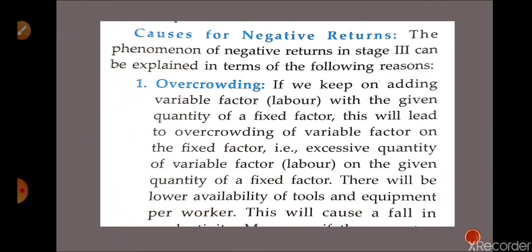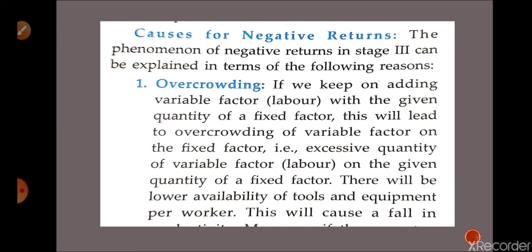The first cause is very clear and very popular, which I have discussed many times in this chapter, that is overcrowding. What is overcrowding? Means more and more laborers we are introducing on the fixed factor. We are not changing the fixed factor, because in the short term we cannot change that fixed factor, but the variable factor we are increasing again and again.